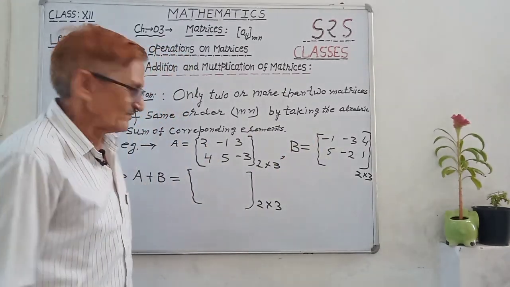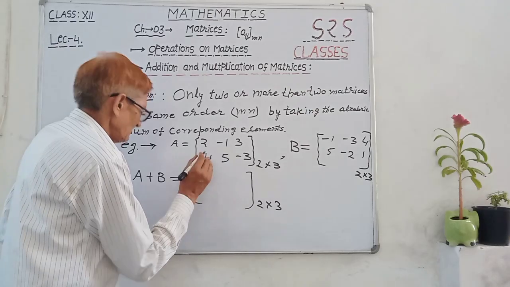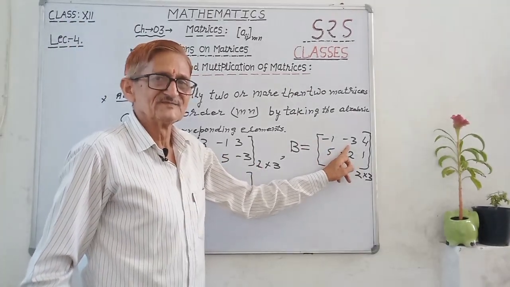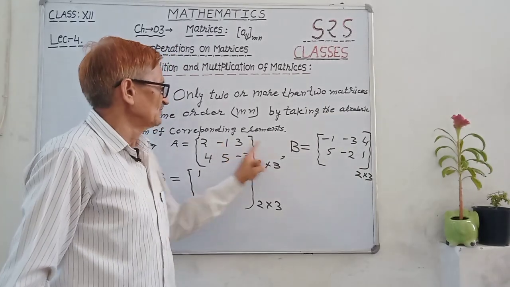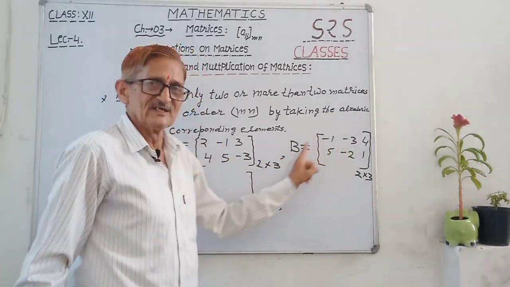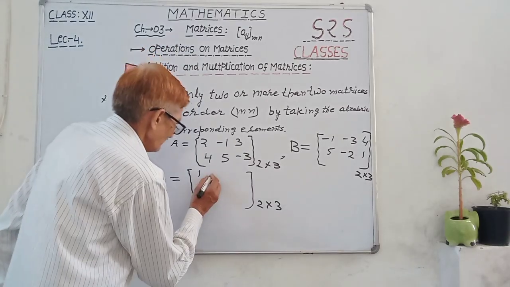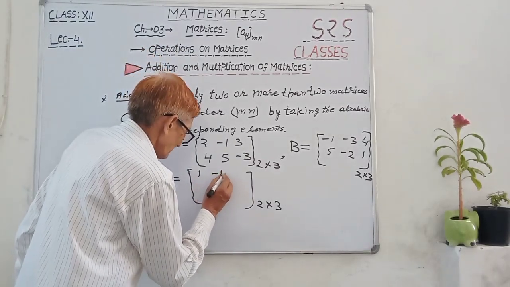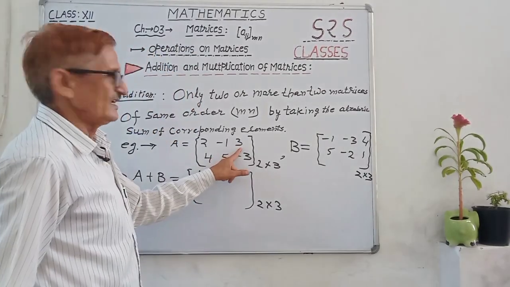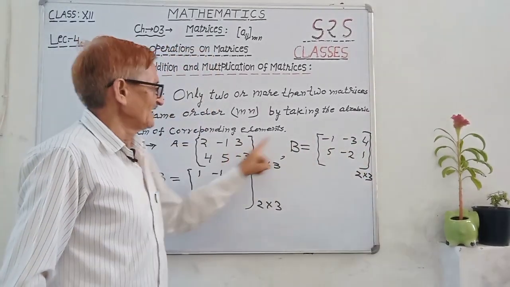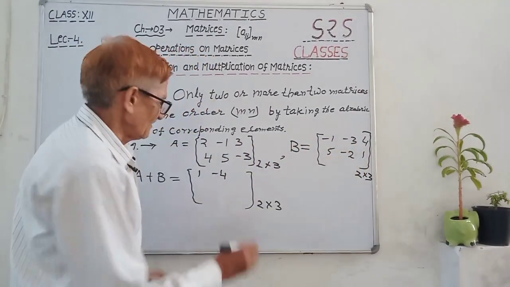So 2 minus 1, 1. Minus 1 corresponding element minus 3, okay, A12 B12. Then minus 1 and minus 3 algebraic sum minus 4. After that A13 and B13, 3 and 4 algebraic sum 7.